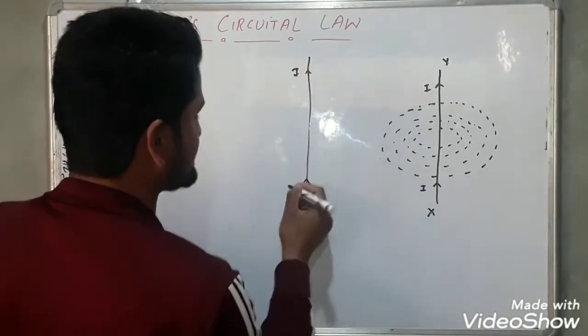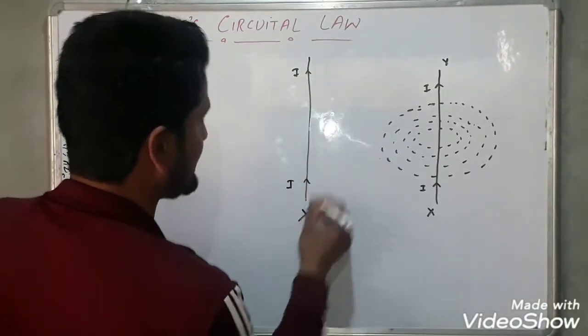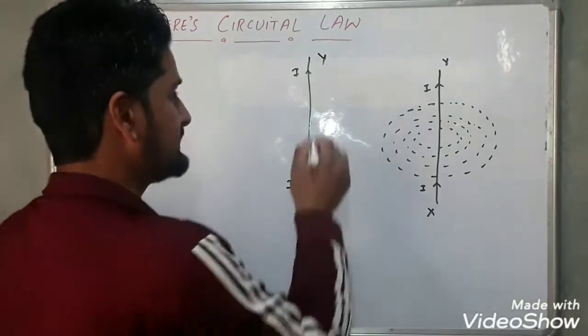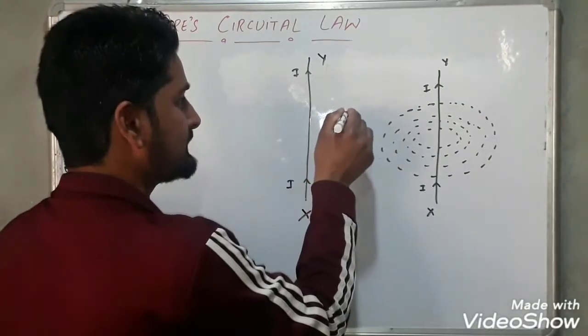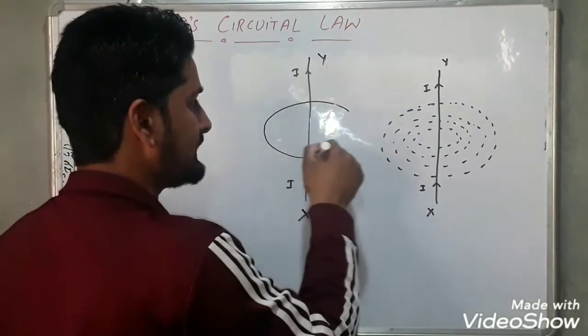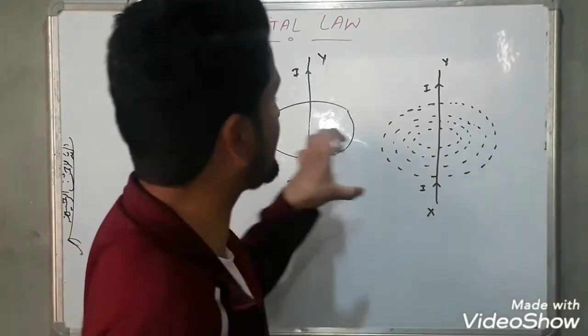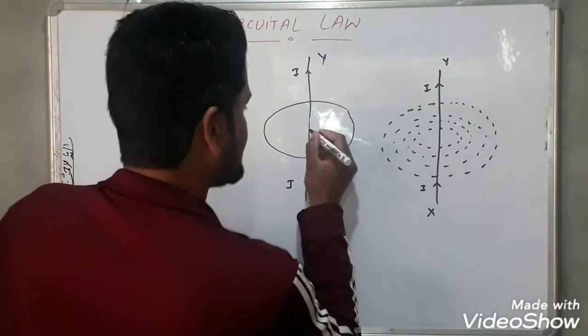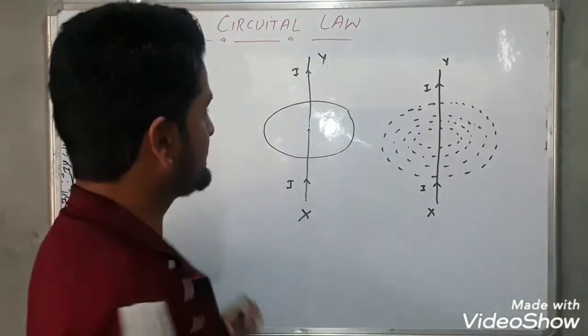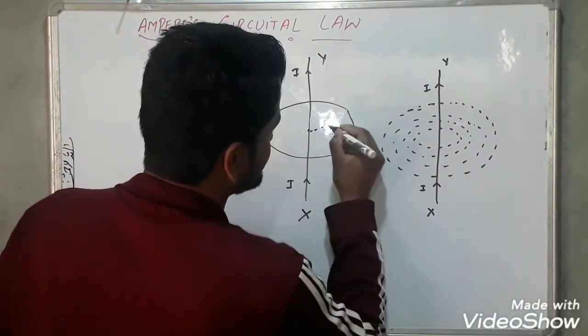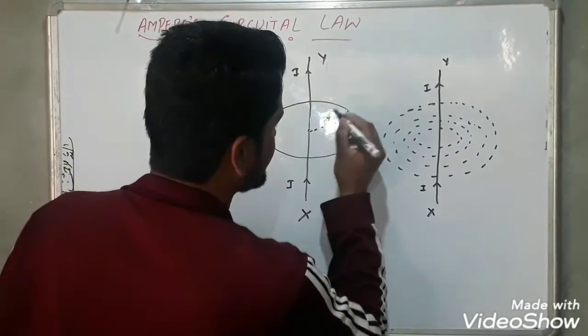It is carrying current I from X to Y direction. Suppose we will take a circle out of these concentric rings. We will take a ring here. Okay, suppose this circle is having some radius, say R.